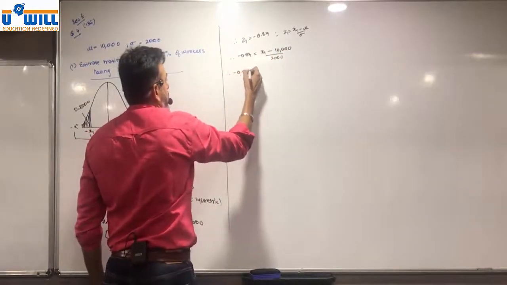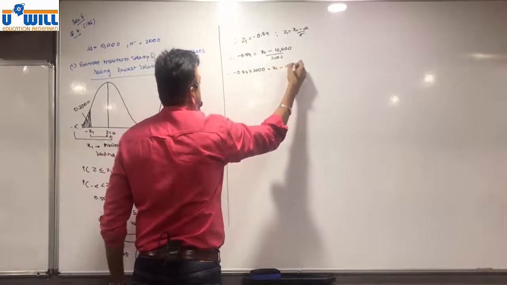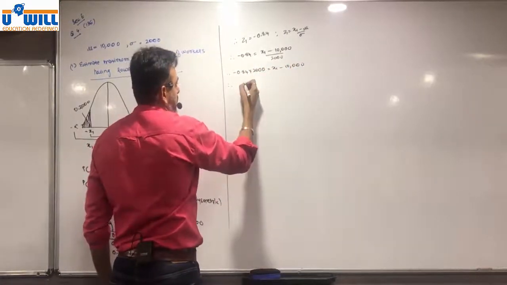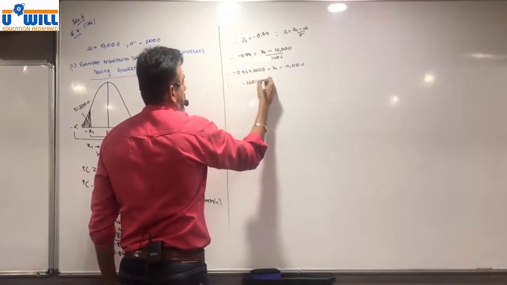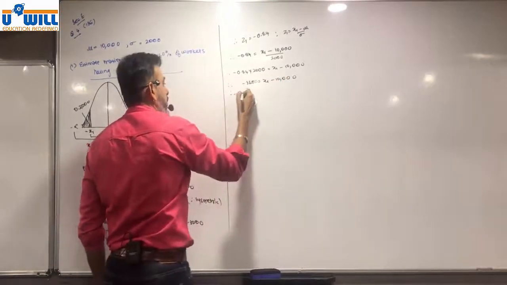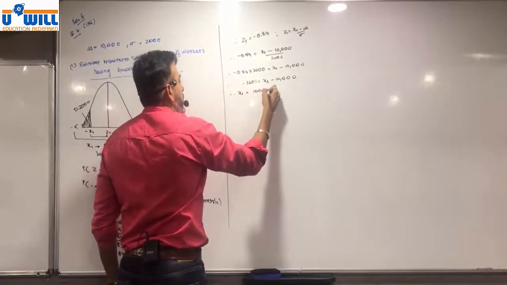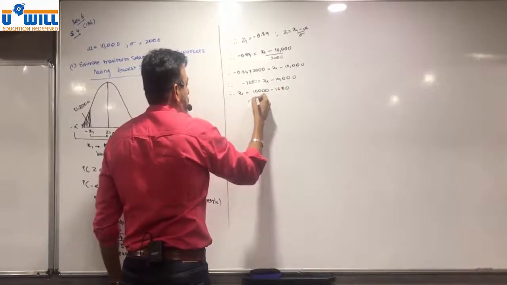Minus 0.84 into 2000 is 1680. Minus 1680 is equal to x1 minus 10,000. Therefore, x1 is equal to 10,000 minus 1680.